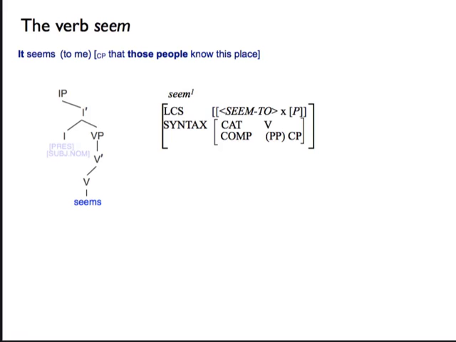So we have a structure seems, it's a V, it will obviously be embedded in a clause, because it's a verb, that's the default at least. So we'll have an IP there. And there'll be tense and subject, and possibly subject person features can be displayed in the I node.